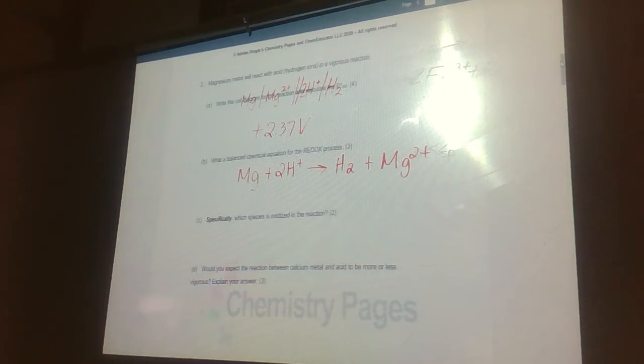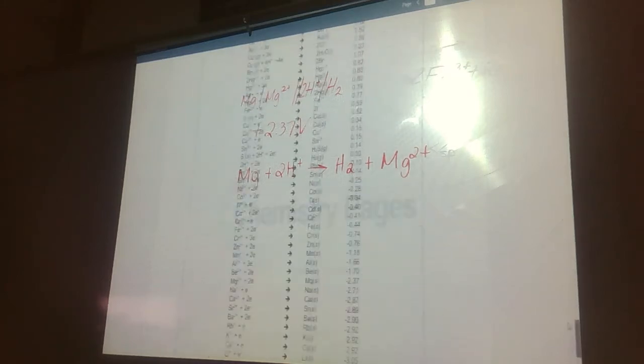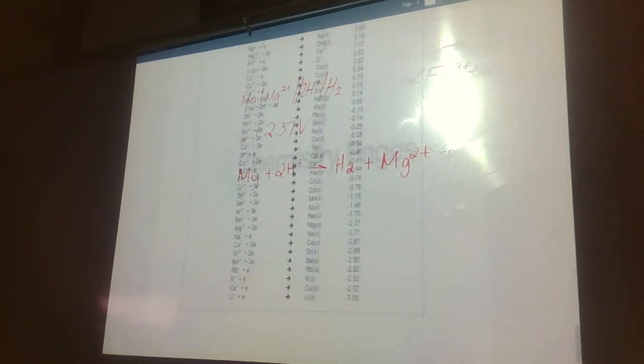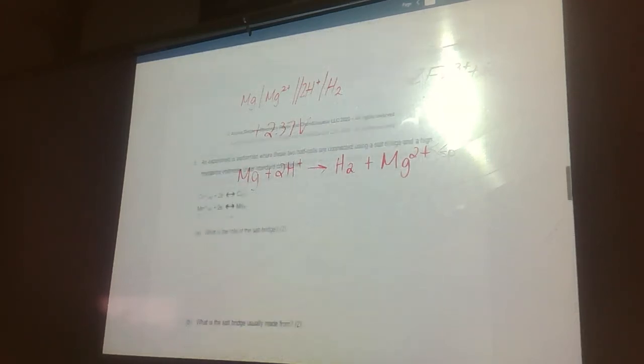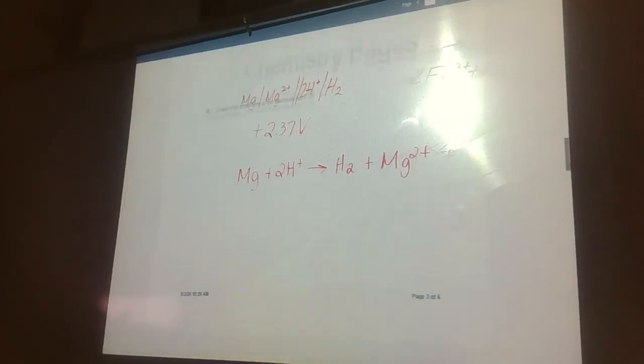Magnesium. Its charge goes up. It loses electrons. And would you expect the reaction between calcium and acid to be more or less vigorous? If we go to the table, calcium is below magnesium. So more or less vigorous? More. It's going to have a higher voltage, so it's more thermodynamically favored.